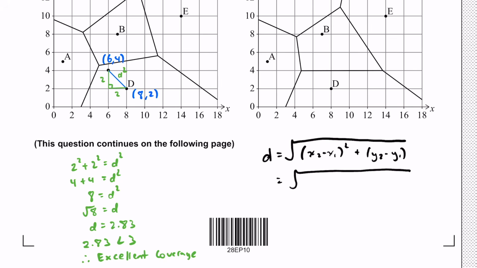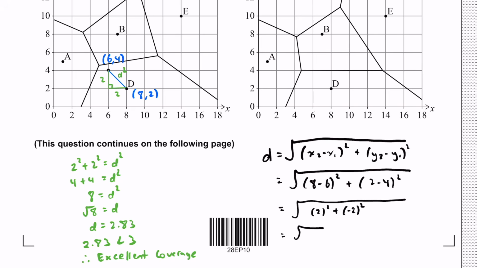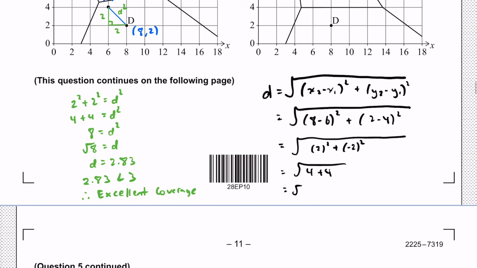And then substituting those values, 8 minus 6 squared plus 2 minus 4 squared is equal to 2 squared plus negative 2 squared, or once again 4 plus 4, root 8, which is approximately 2.83, which itself is less than 3, all the same.